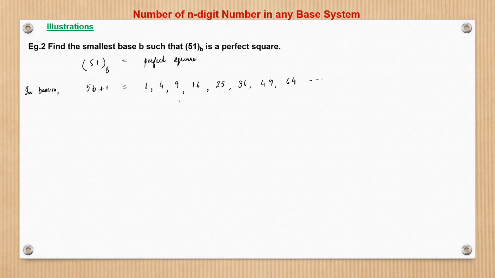This will give again fractional b, not possible. 16 is a number which will give b equal to 3, right? Here b is equal to 0, not possible. These are fractional. So b equal to 3 is the smallest b for which 51 in base b will give a perfect square. Right? So this is a very simple application of a very basic level base system concept.